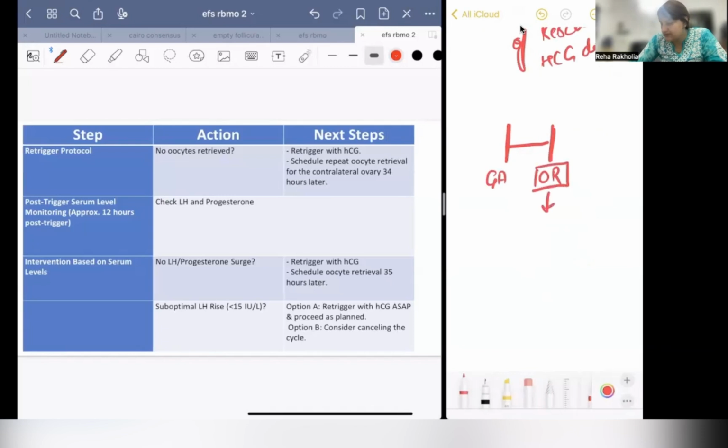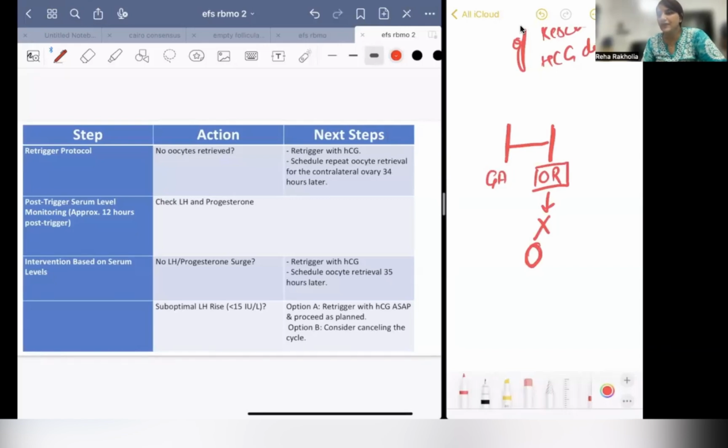So there is no oocyte retrieved from one ovary. There are two schools. Some say do three oocyte retrievals and then see if the egg is there or not.